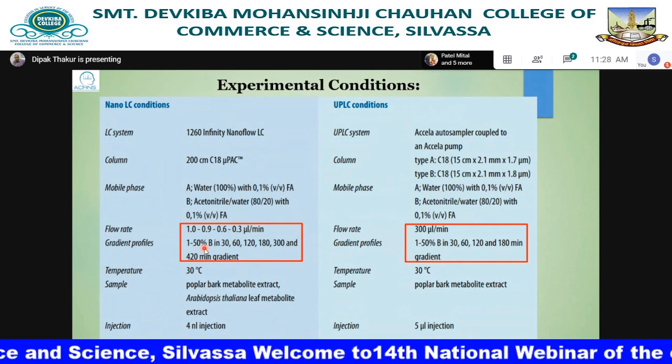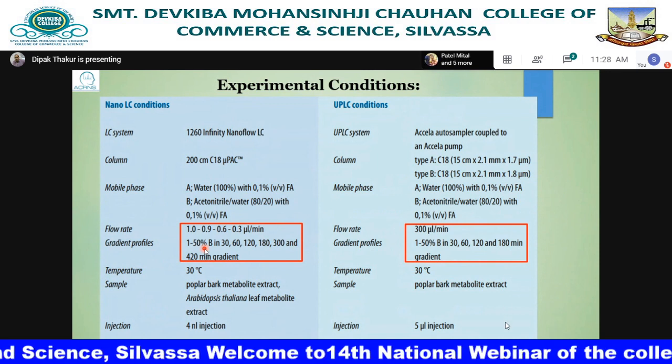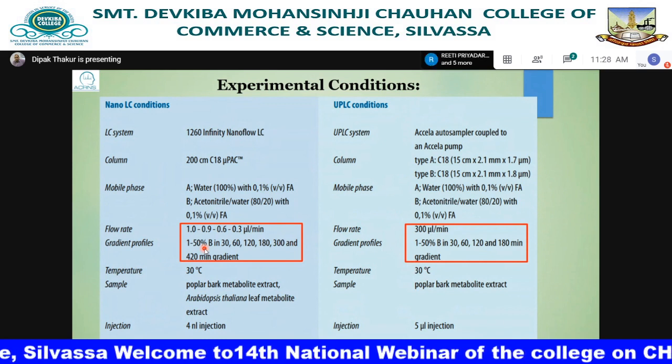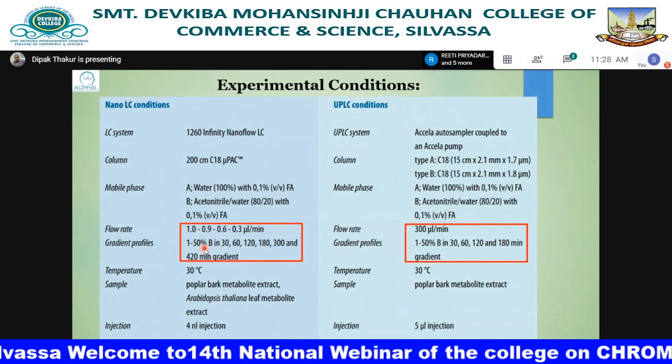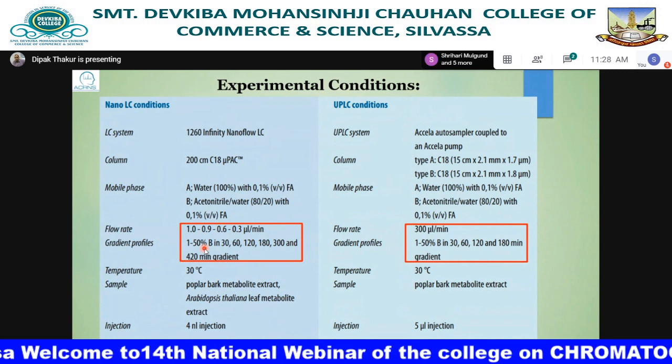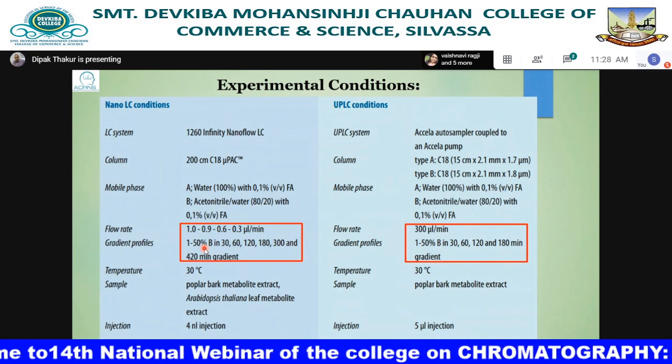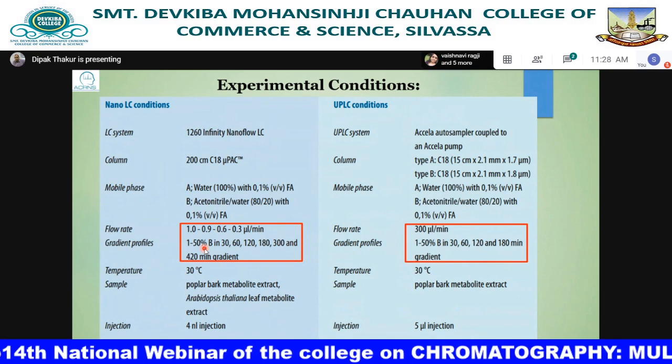Mobile phase: usually when you do LCMS work, you do not use salts because they are deleterious. They are not compatible with LCMS activities. So the mobile phase is a water acetonitrile composition with 0.1% formic acid.